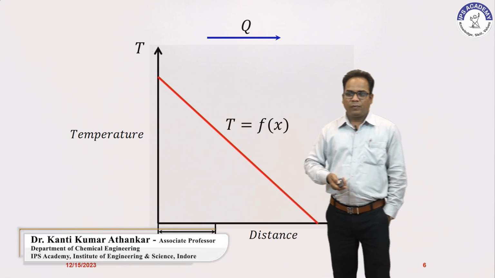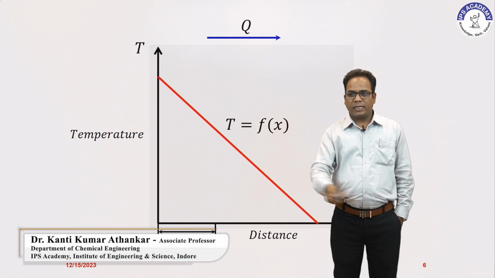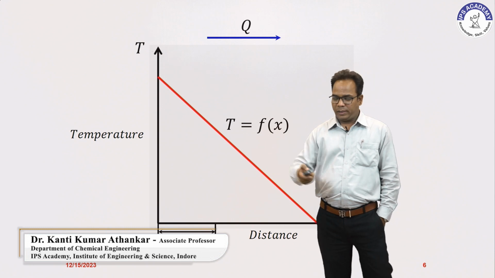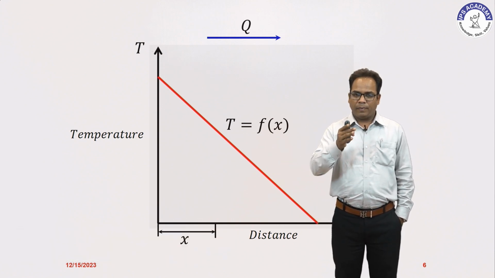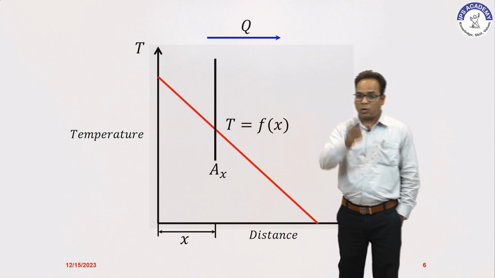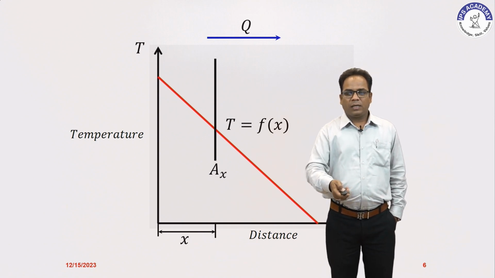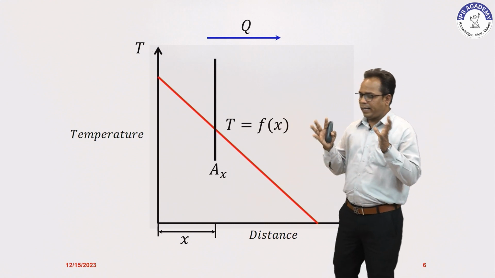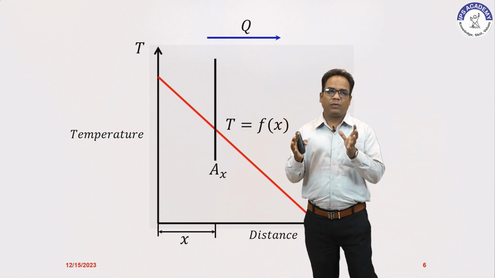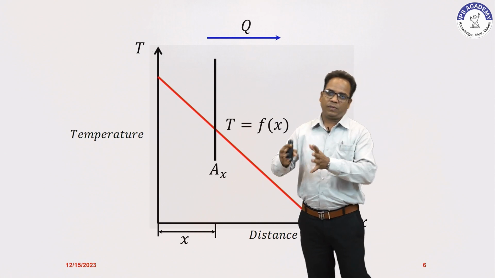The temperature is a function of x: as we move in the x direction, the temperature decreases. So let us consider the area normal to the direction of heat flow, that is Ax. This is the control volume, or the area in which we have to evaluate the amount of heat which is going to be transferred.